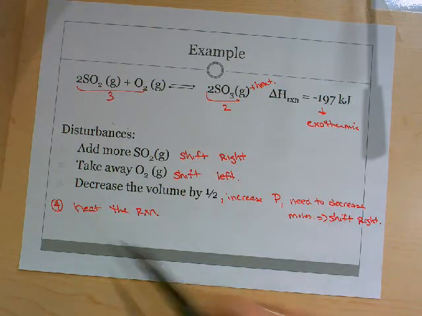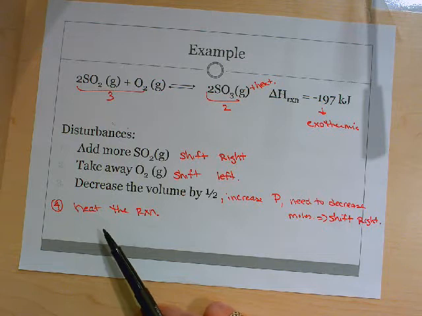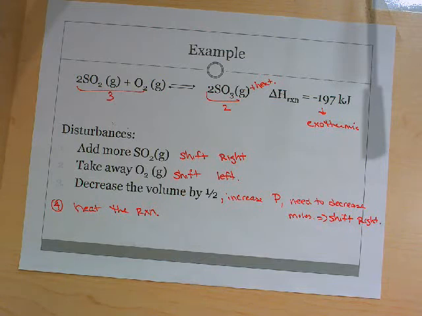All right, so now if I heat the reaction, so I add heat as a reactant, well, add heat to the whole thing, I guess, to the whole equation. Which way will the reaction want to go to compensate for all that extra heat? To the left.